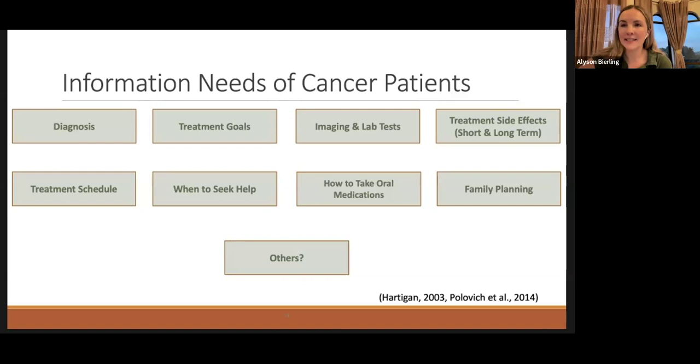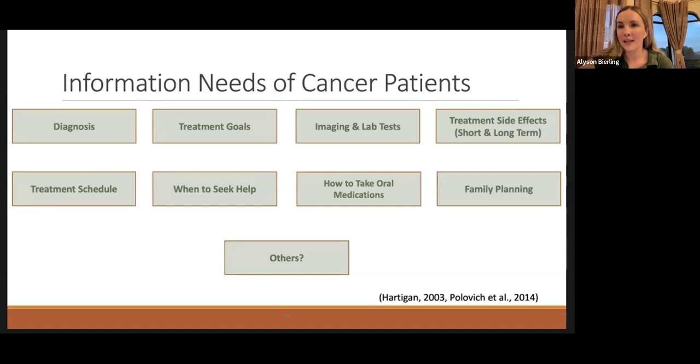Imaging and lab tests, there can be a lot of uncertainty around that for patients. So when a patient is going for a biopsy, we should be telling them what that means, why they're getting a biopsy, what the procedure will entail, what are potential complications of that procedure, as well as imaging.